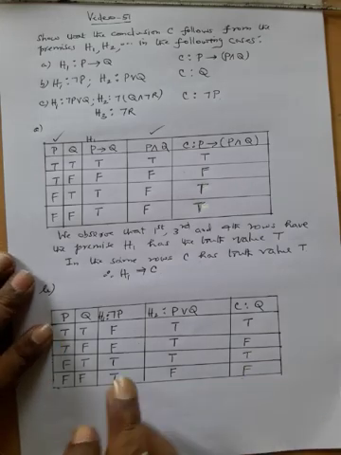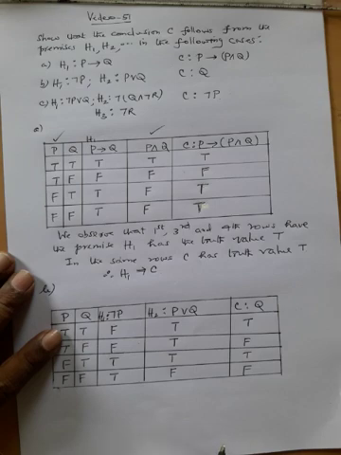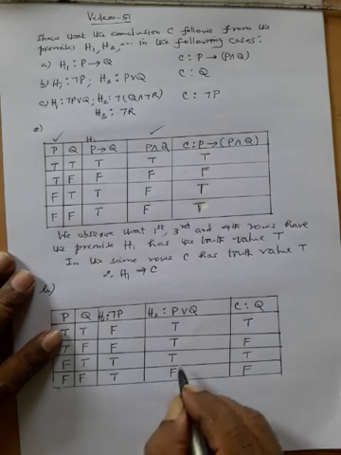Now look at H1 and H2. Both have truth value T only in the third row.